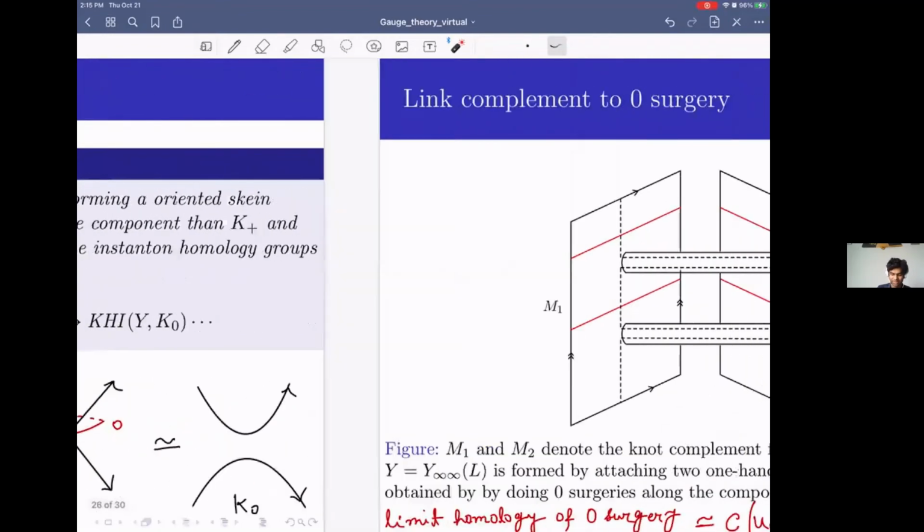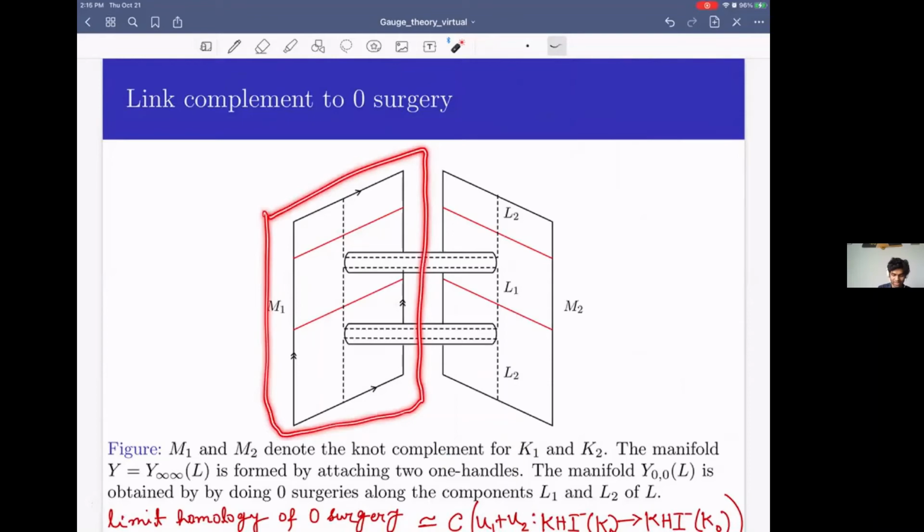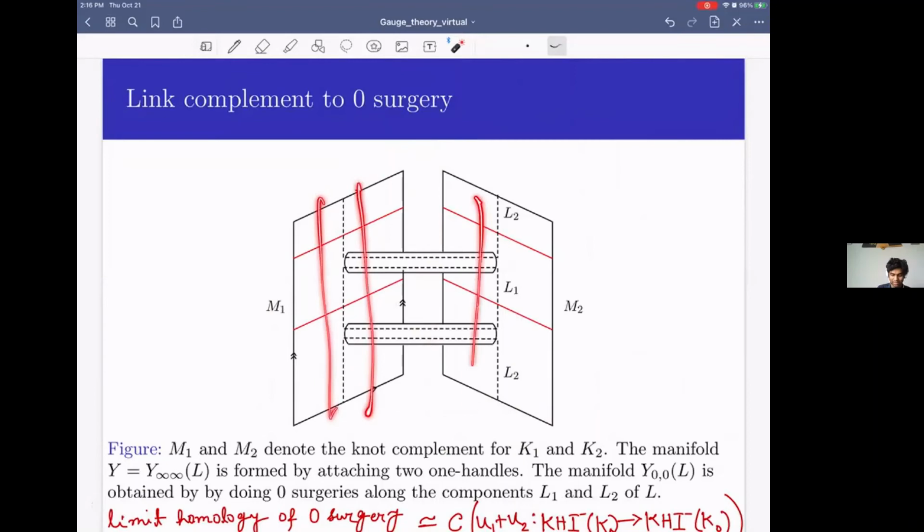Now, by exactly the same argument that we ran earlier, on the left I have this link complement, one component of the link K0, and we are identifying again these two meridional annuli, in exactly the same way we did earlier.